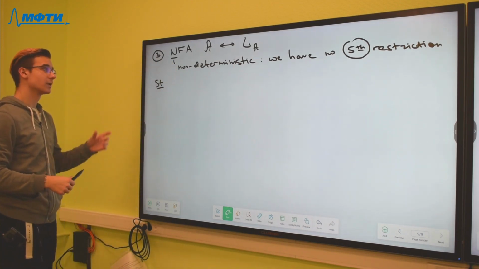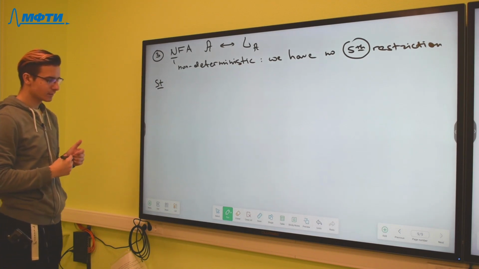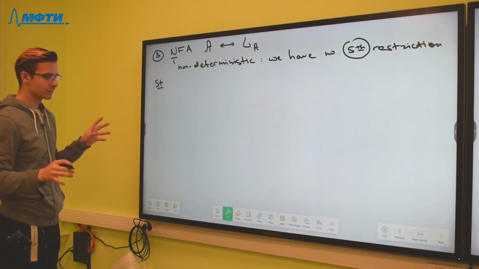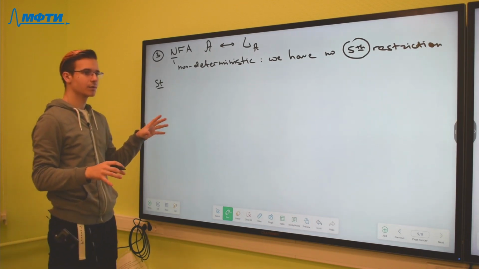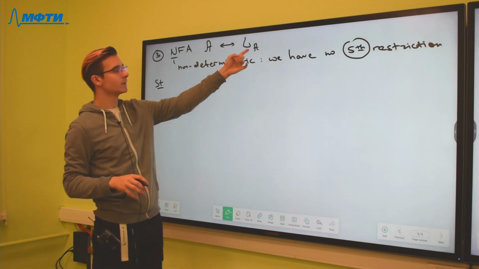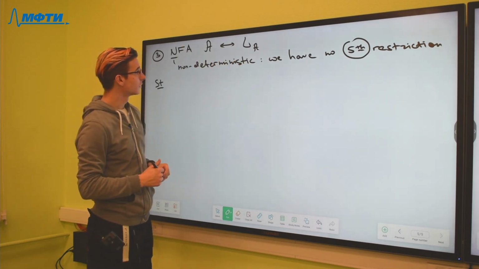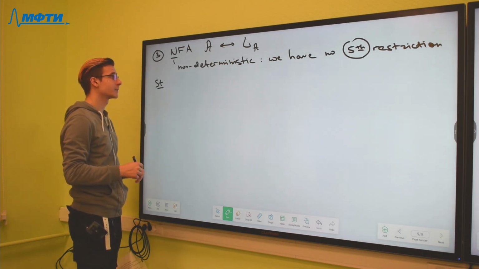As we said in the first part, all the words that are equal to a path from the initial state to the final state will be in the language of the automaton.